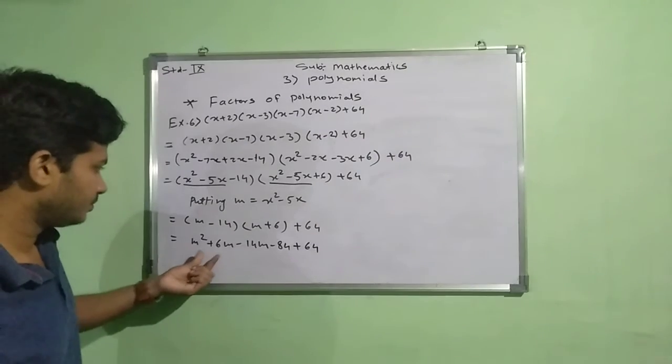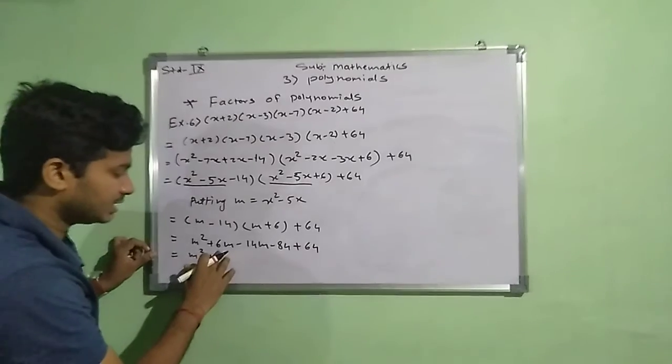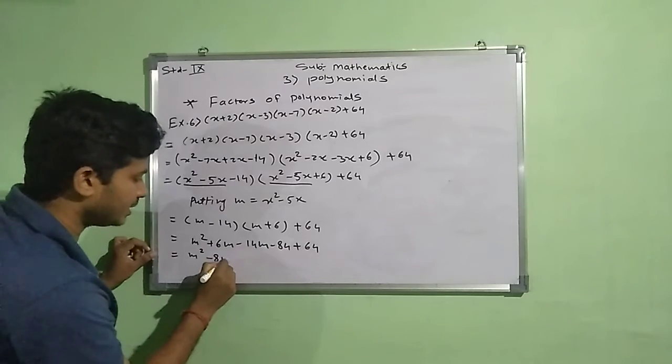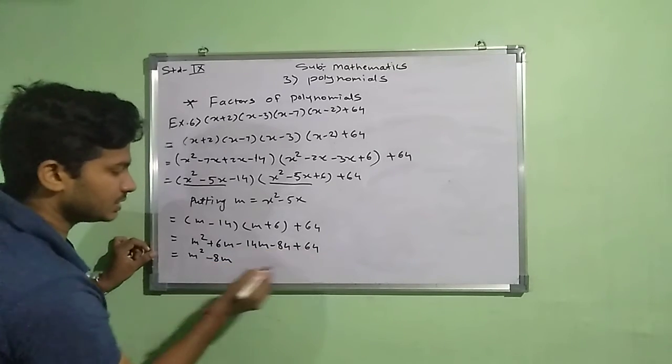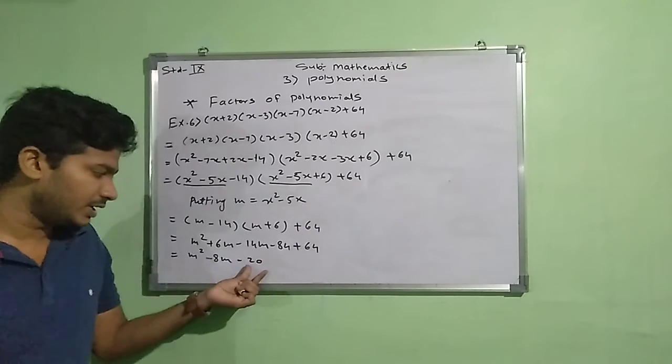So m square plus 6m minus 14m, 6 minus 14 will be minus 8, so we write minus 8m, and minus 84 plus 64 will be minus 20. So here we got m square minus 8m minus 20.